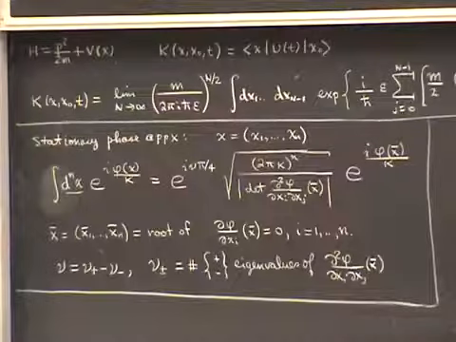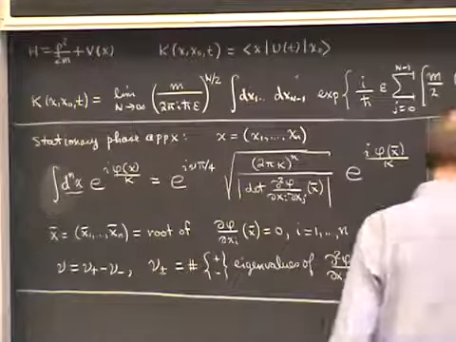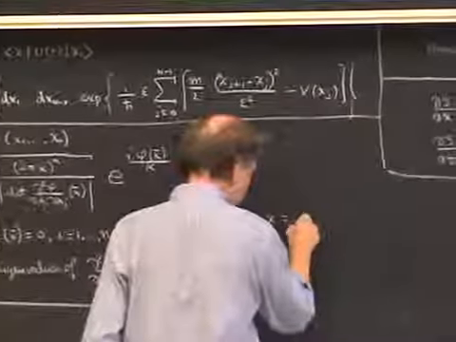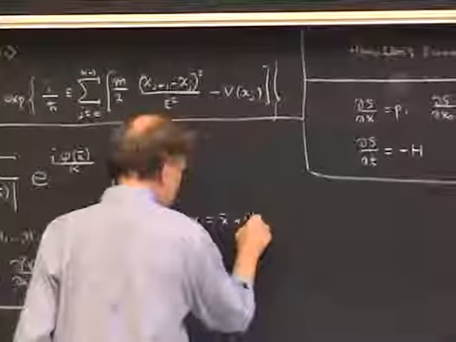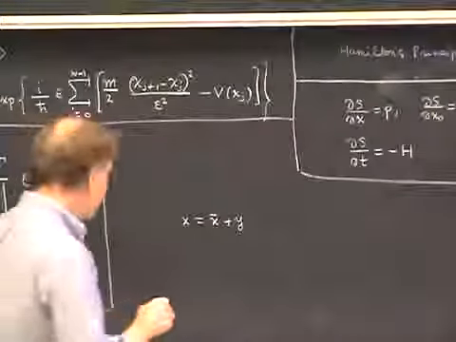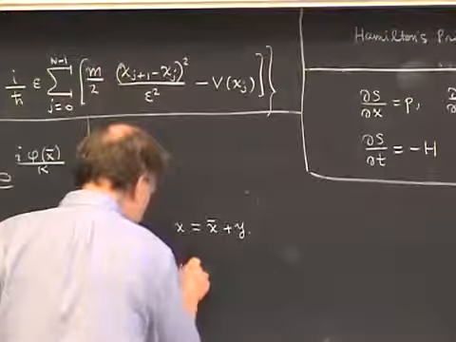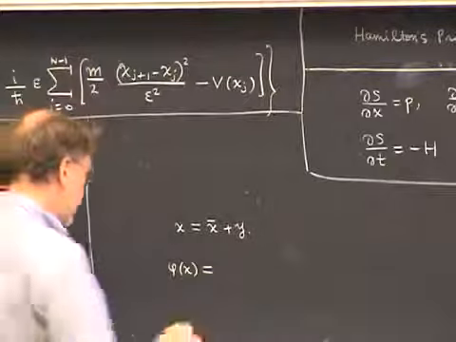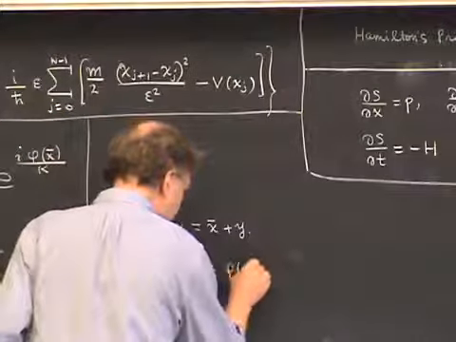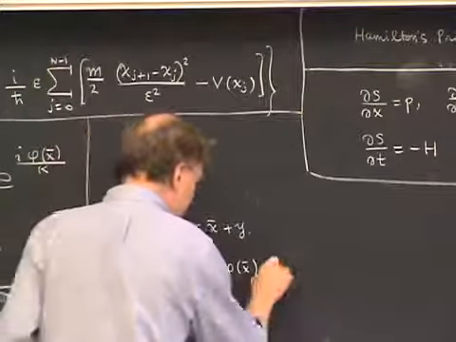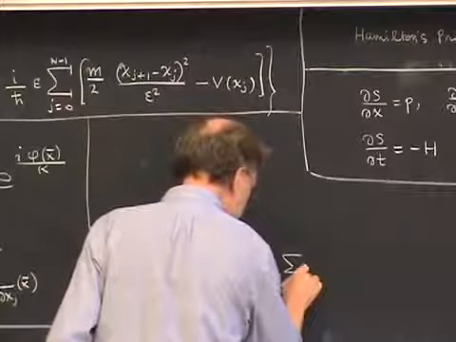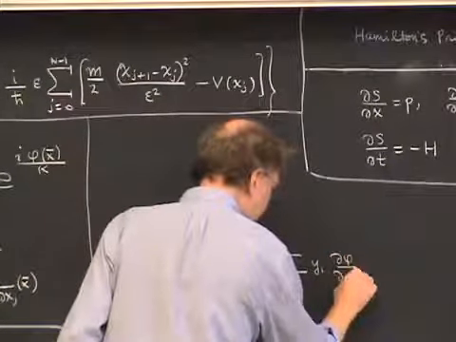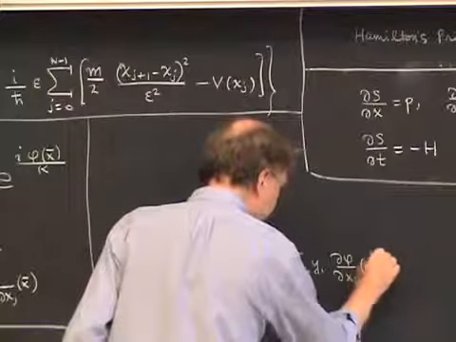To do it in somewhat more detail, let me write it like this. Let's take a point x, and let's write it as a stationary phase point plus a correction I'll call y, like this. Then we'll expand the phase phi of x in powers of y, which we think of as small. So it becomes phi of x bar, the stationary phase point, plus the first correction, the sum on i of y_i times the derivative of phi with respect to x_i, evaluated at x bar.